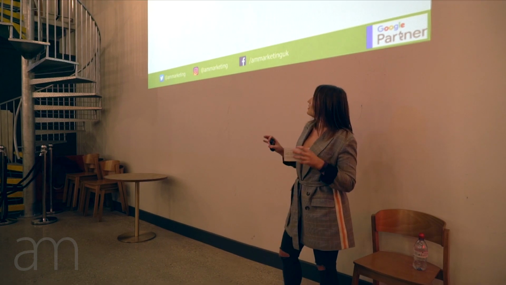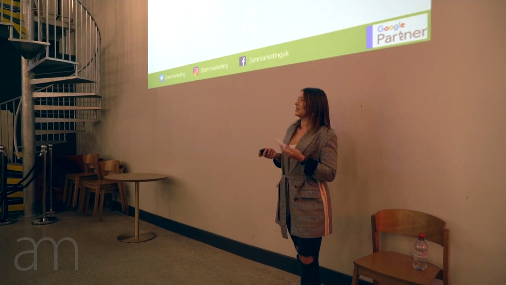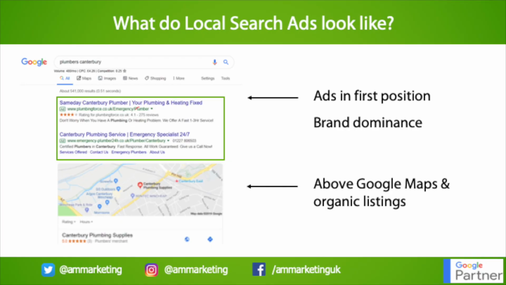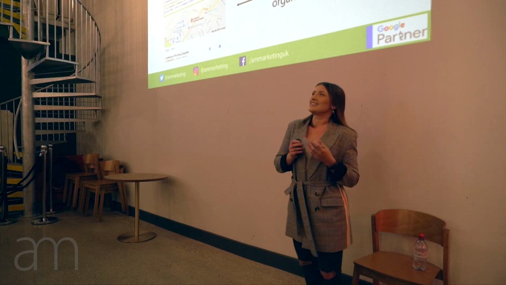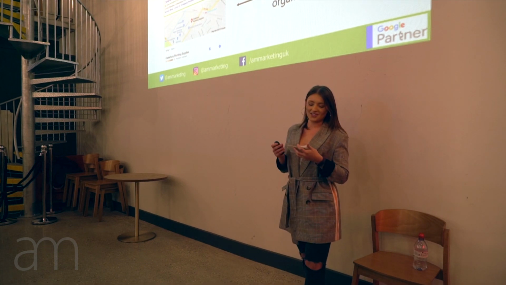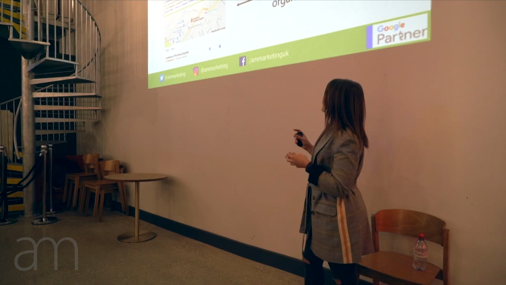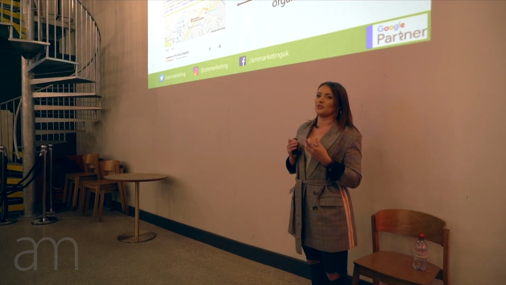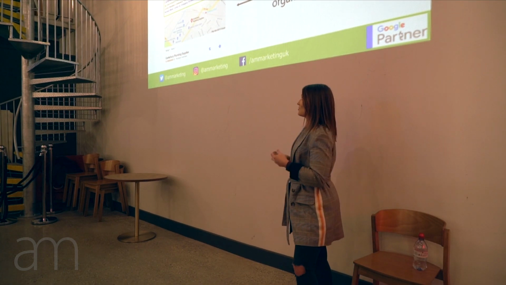So I've spoken a little bit about the benefits, but what do local PPC ads actually look like? Here's a couple of examples of companies that are already using local PPC. I don't know if you can read that, but it says Plumbers Canterbury, which I've searched for. As you can see, both of the ads are in top position, and they're above the Google Map results and organic results.